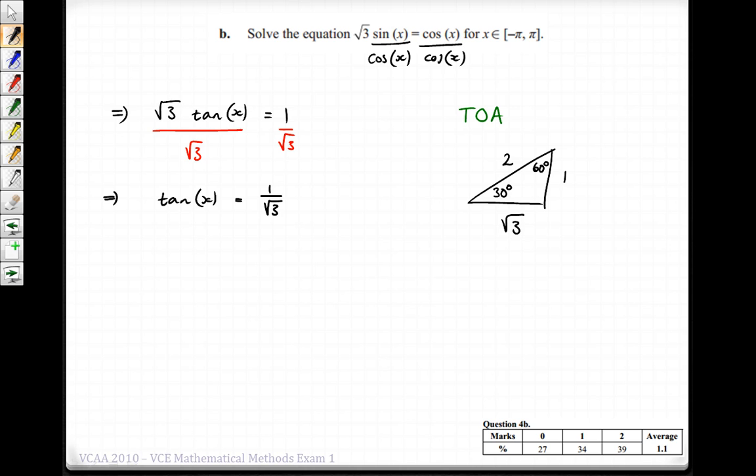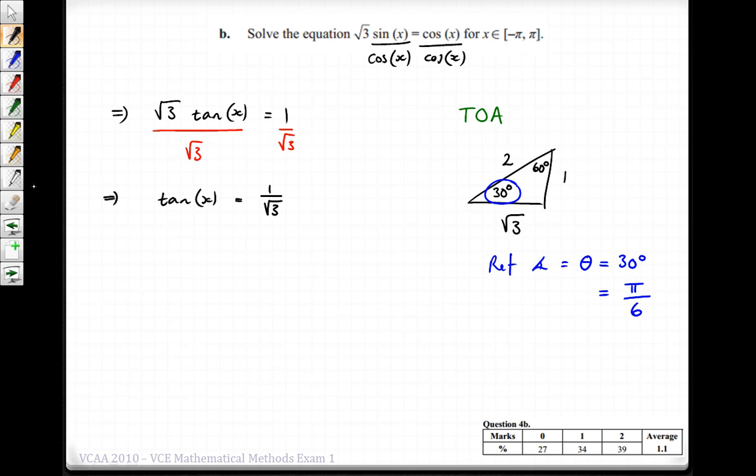So that's something you need to commit to memory for your exam. So to get opposite on adjacent equal 1 on root 3, we're dealing with this 30 degrees here. So my reference angle, which I might call theta, equals 30 degrees, or more usefully, it's going to be pi on 6 radians.